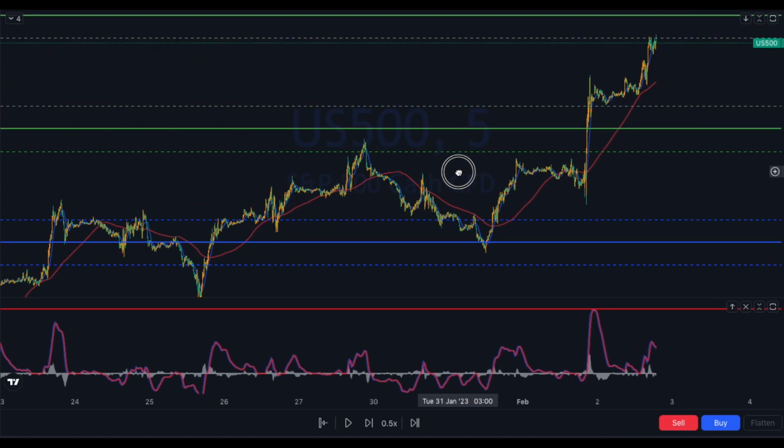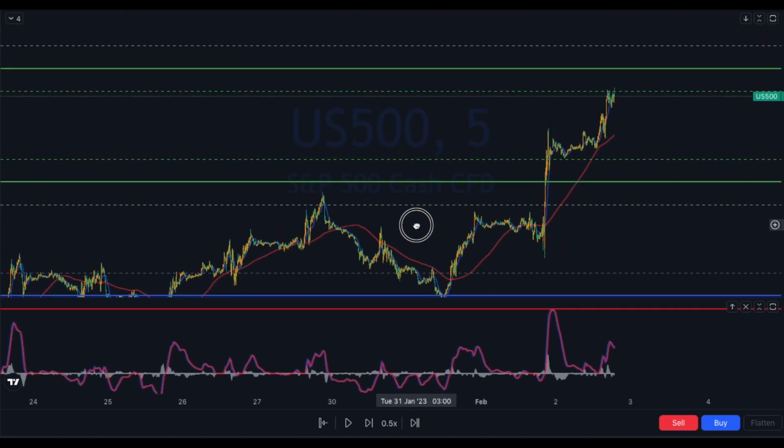So let's just follow it and let's see what it does. According to the MACD, price is going to start to fall again, but what kind of fall is it going to be? Let's just hit play and see what we get.